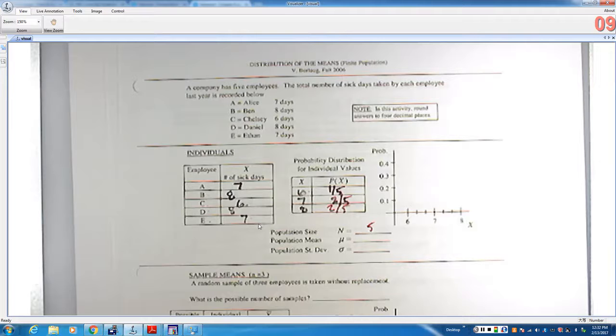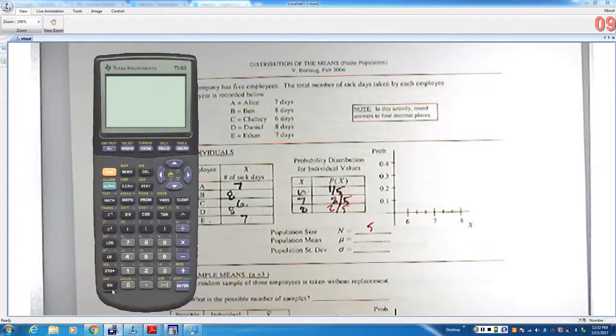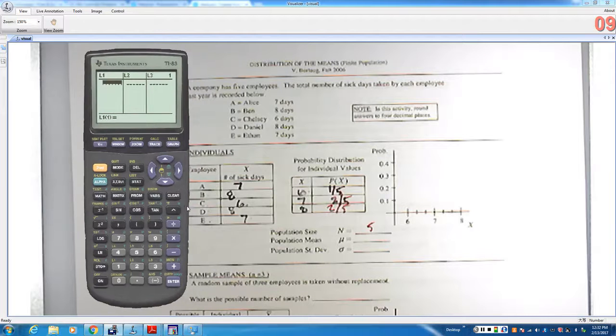And your standard deviation. Now there's another way of doing that, and what was that? Remember? We could go to Stat and Edit. We could press clear on this, clear on that, clear on this. Then we put in 7, 8, 6, 8, and 7, and go to Stat and Calc, 1-Var Stats, and L1.